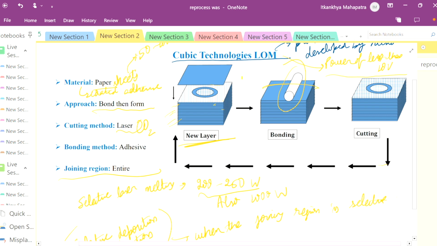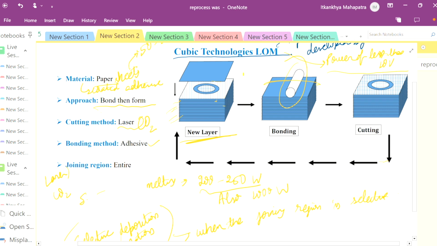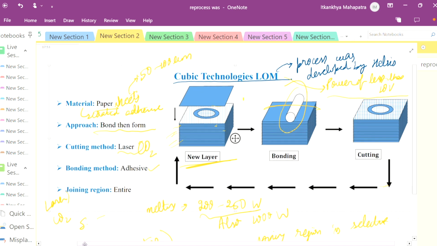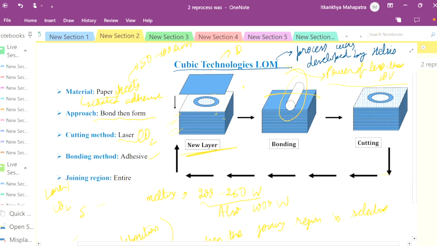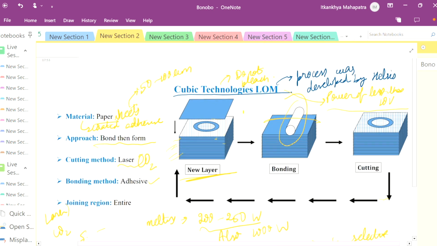Paper sheets, and here joining is through laser CO2, what I have already mentioned, and this is the bond then form. The main point here is we do not have bleaching. We do not bleach.